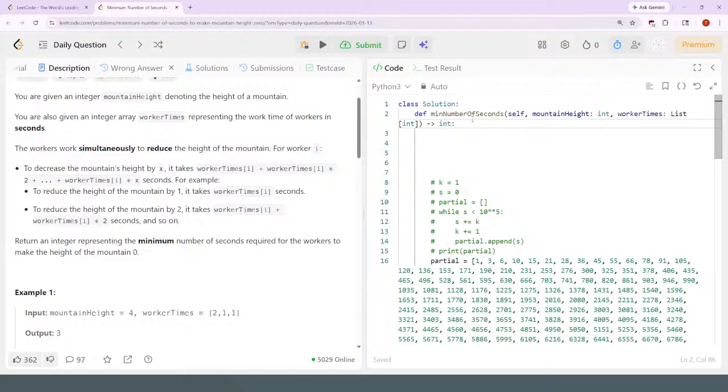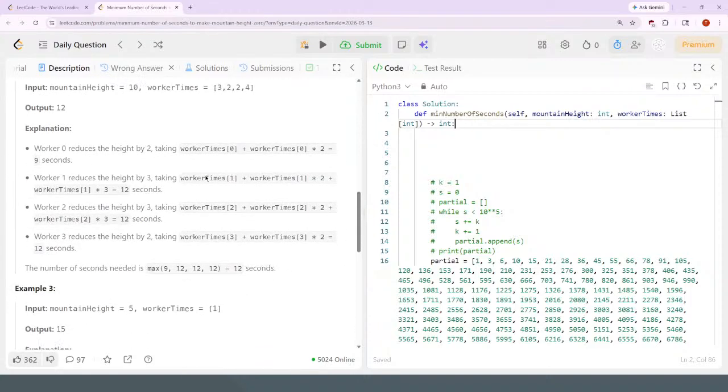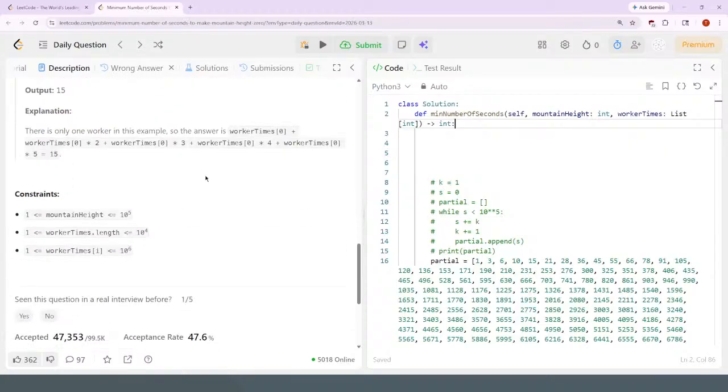Does that make sense? N is the mountain height.